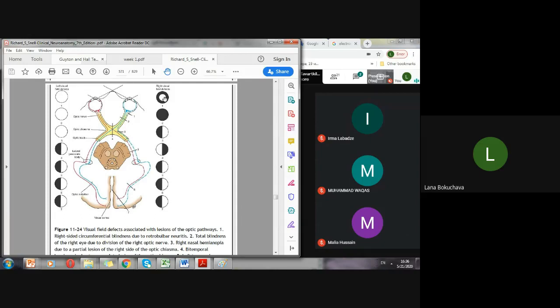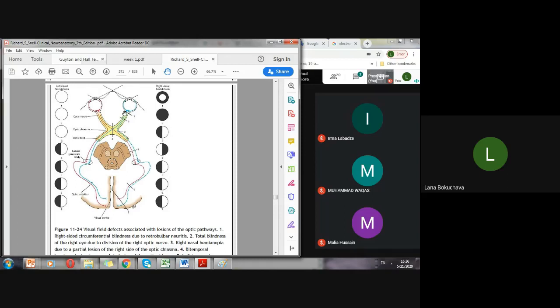This is the central portion, right? Then, for example, the periphery. So what do you think? Why can this happen in this case? Look to the place where we have the problem and look to the manifestation. What do you think, guys?